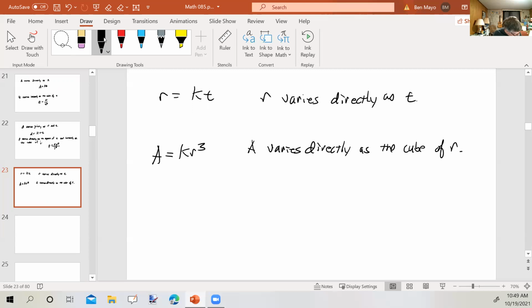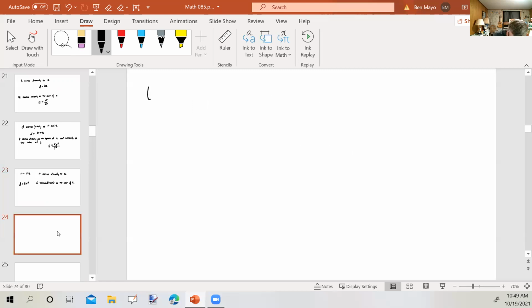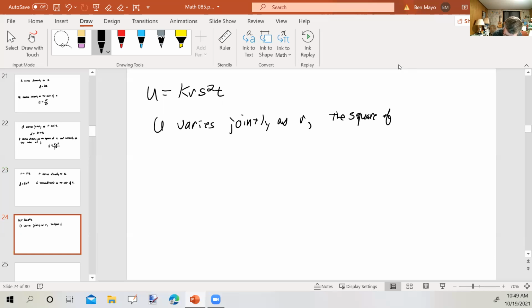Let's see here. How about this one? U equals K R S squared T. U varies jointly as R, the square of S, and T. One more here.